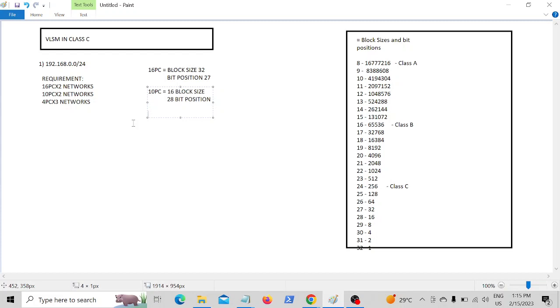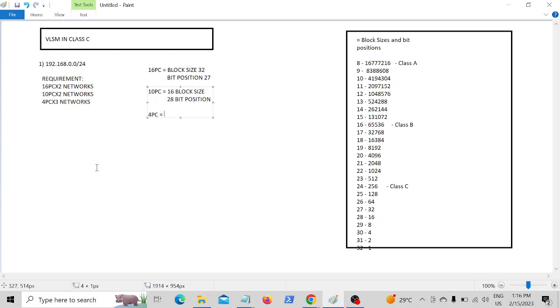Again, coming to 4 PC, which is the best block size and best bit position? 8 block size, 29 bit position. Why should I not go for 30? We have 4, no? We are already having 4. Why should I go to 29 and 8? Because we need the network address and broadcast address.